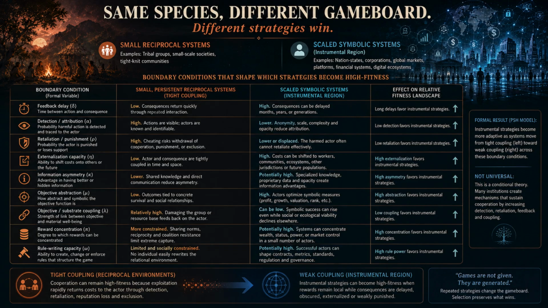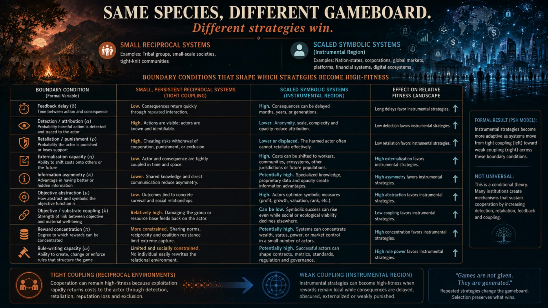Think of the game board as a vector of parameters determining the expected payoff of a particular strategy: feedback delay, probability of detection, probability of retaliation, capacity to externalize cost, information control, abstraction of the objective function, concentration of reward, and the ability for winners to modify the rules.